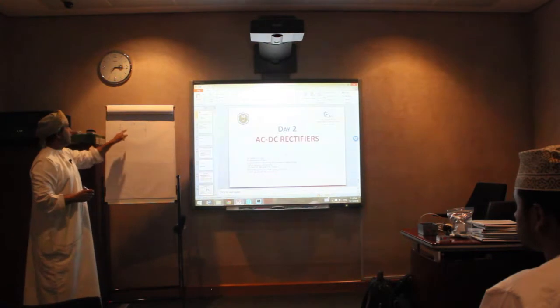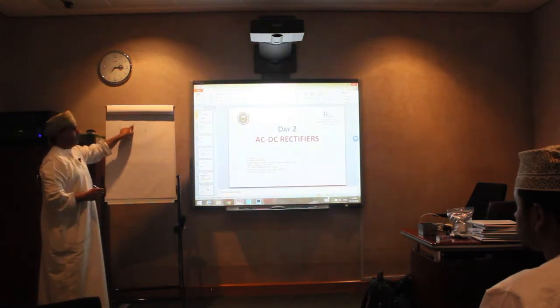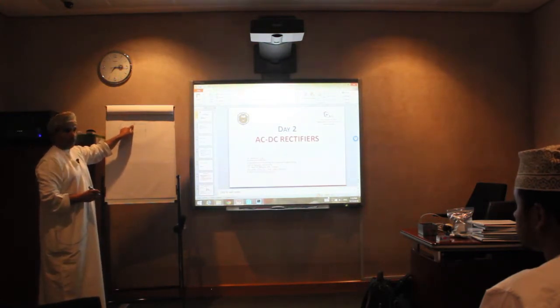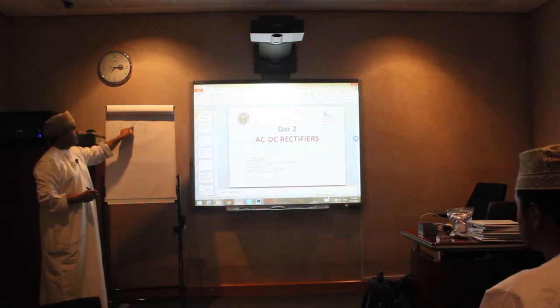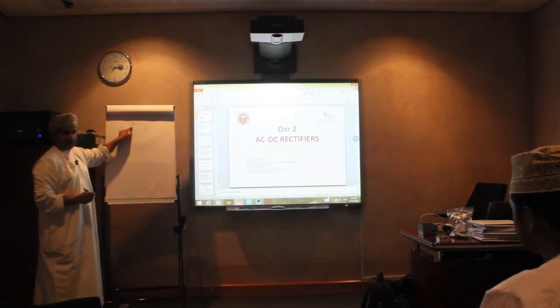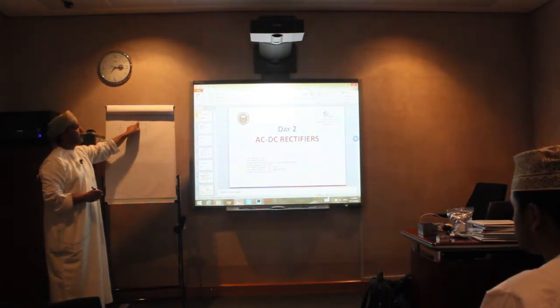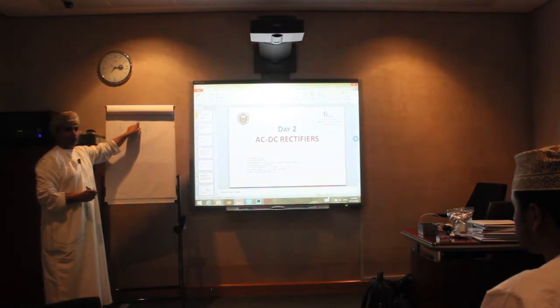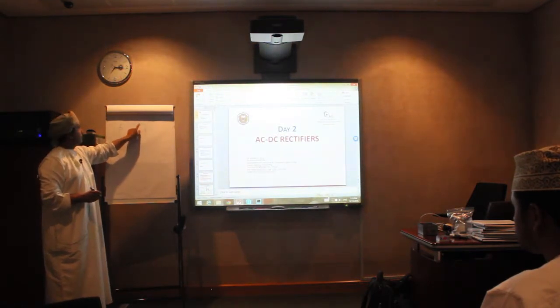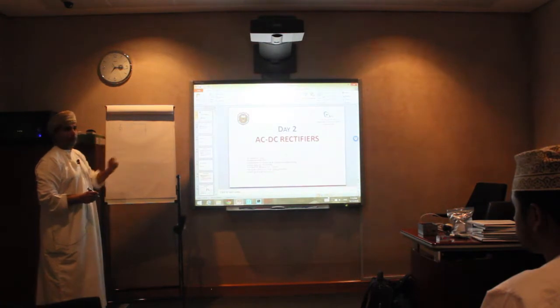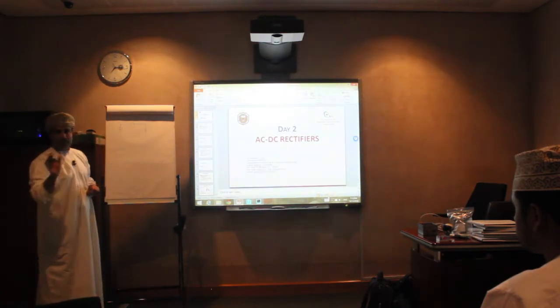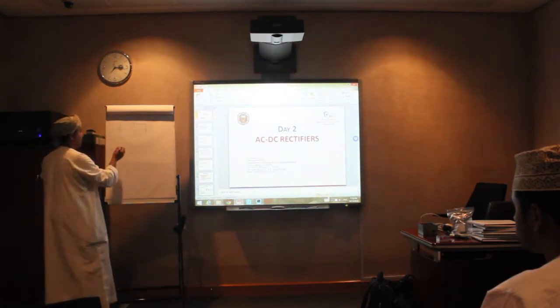Now this thyristor will not turn on just because it's in forward bias like the diode. You need to send a current signal to this gate in order to turn it on. So this is the difference between them. This one requires the signal.